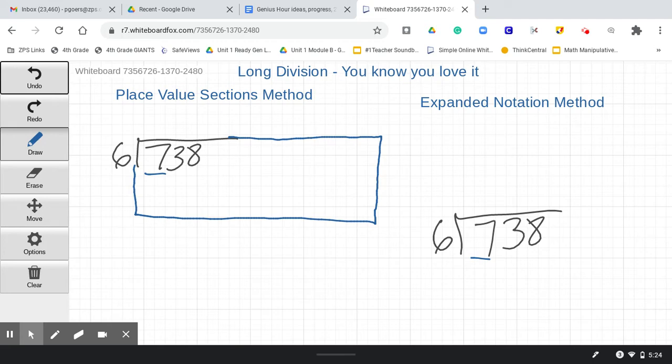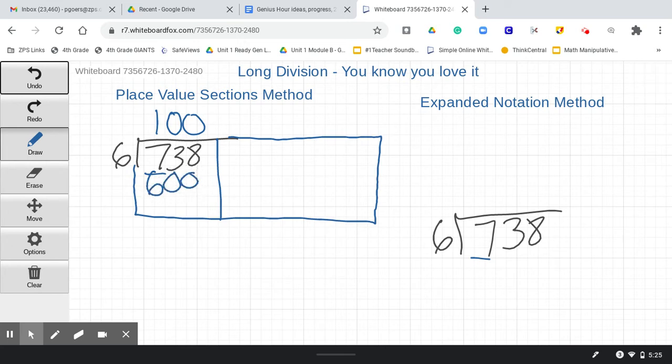So now we're just looking at the hundreds. Okay, so if I have 7 hundreds, how many groups of 6? Well, 7 divided by 6 is 1. But it's not really 7, it's 700, which means this isn't really 1, it's 100. Okay, now after I divide, I'm going to multiply that number I just wrote, 100 times 6. 100 times 6 is 600.